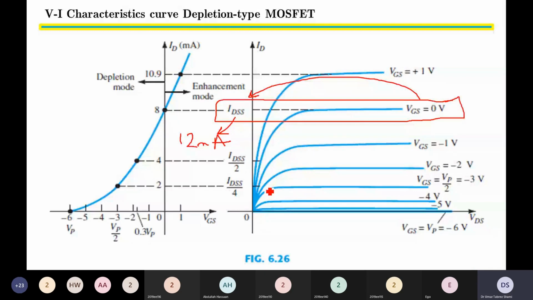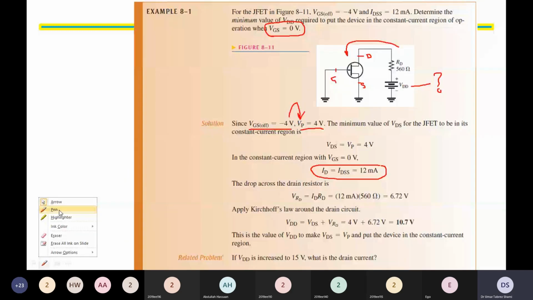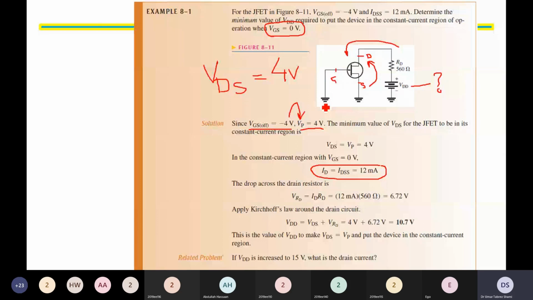Now what we have done so far is that we have found the voltage VDS equal to 4 volt, and we have also found the current flowing from drain to source, ID equal to IDSS equal to 12 milliampere.